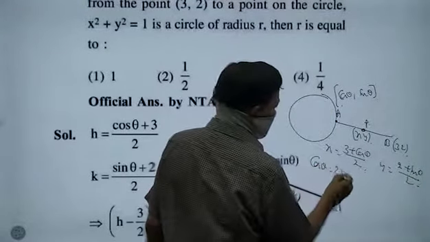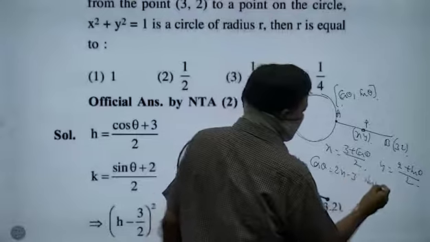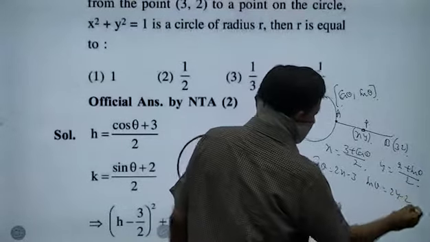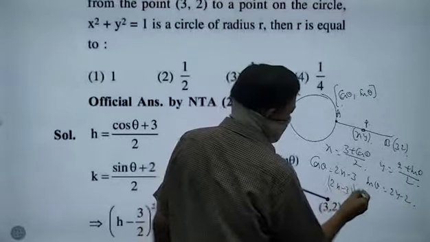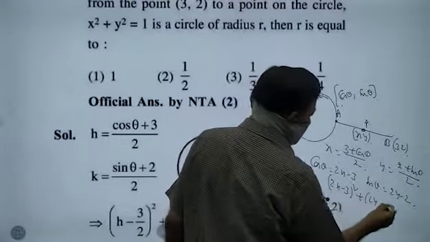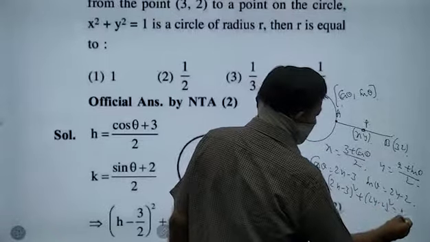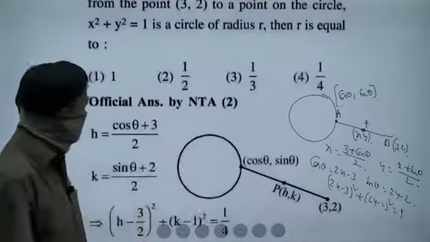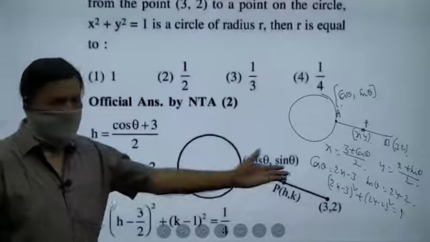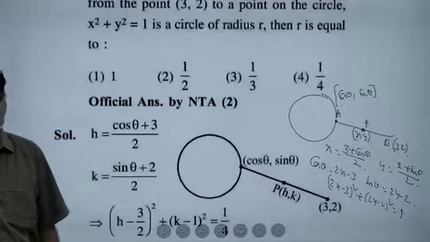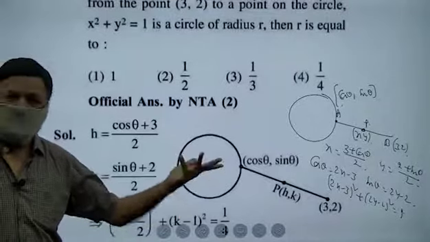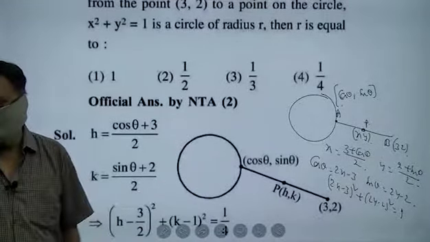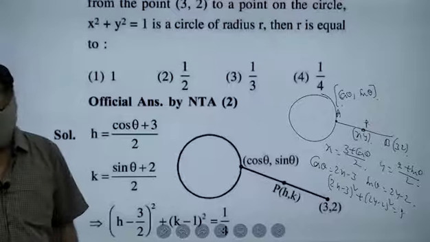Cos theta is equal to 2x minus 3. Sin theta is this. Cos square theta plus sin square theta is 1. So (2x minus 3) whole square plus (2y minus 2) whole square is equal to 1. Right? You will get a circle. You can write that circle equation. You can calculate the radius of that circle. That's it. Come on, do this.